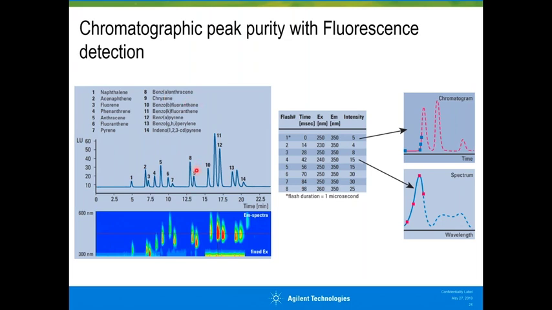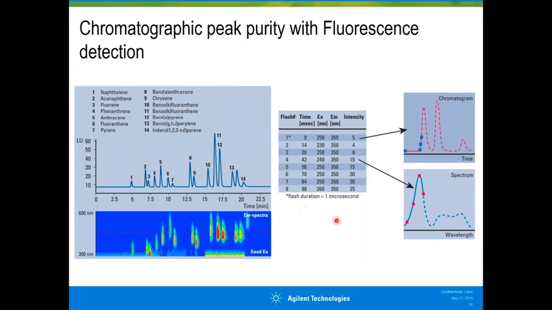So I would compare the peak eluted at 9 minutes to my standard of chrysene and find out what the purity is. Peak purity is normally calculated with a threshold of about 100%. So 100% would be the maximum purity of any compound, and I could keep a threshold of maybe 90% or greater.